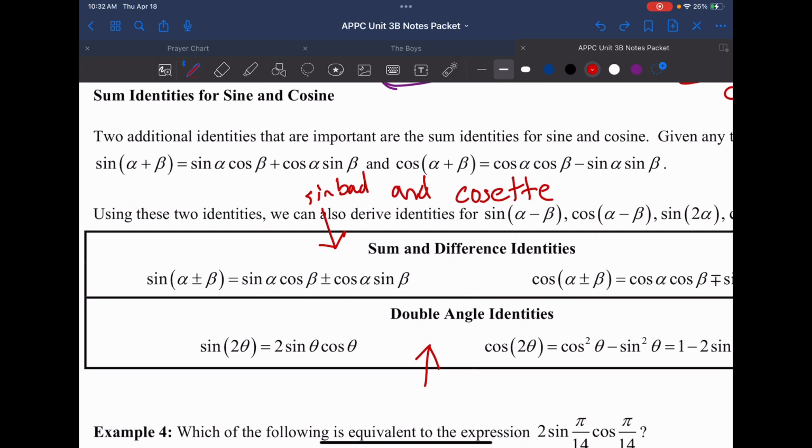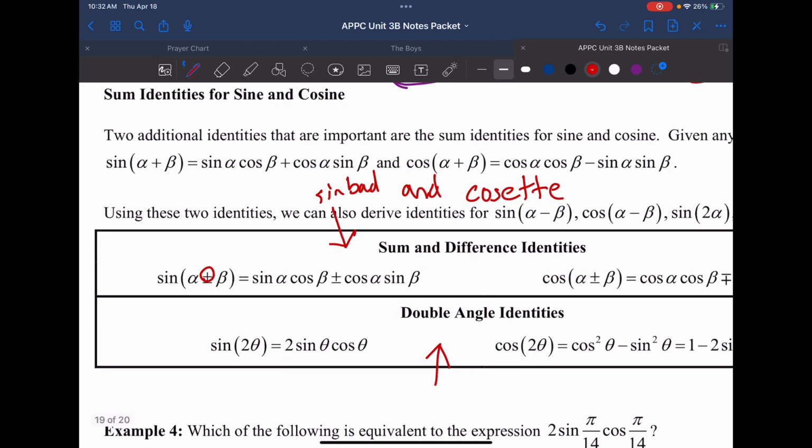But what it's saying here is the first identity: sine of alpha plus beta is sine alpha cosine beta plus, so the top goes with the top. If I wanted to write both of these, let me show you.